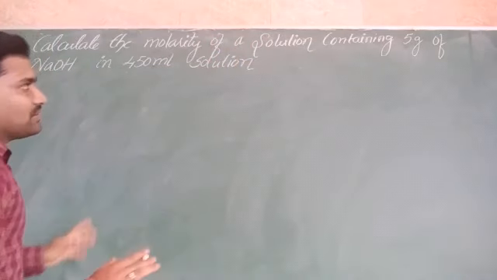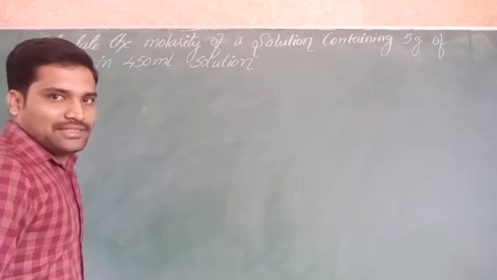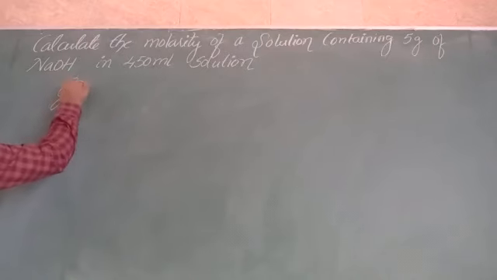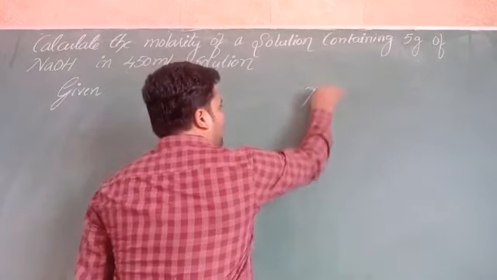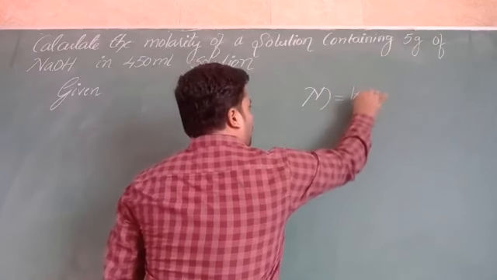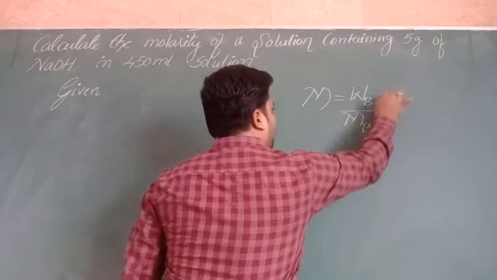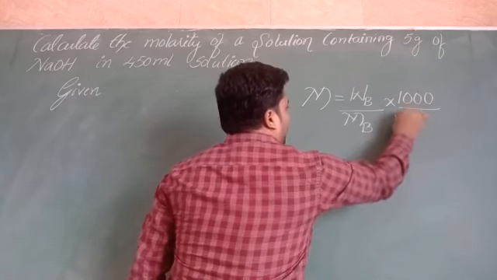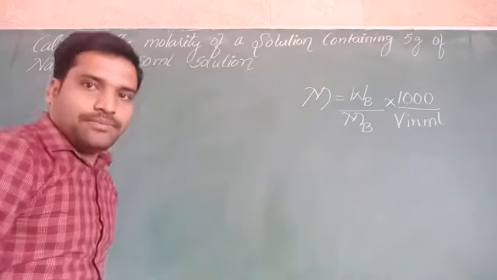Before going to solve this problem, let's see what are the given things in this problem. That's why first we write given. You know the formula, that is molarity is equal to WB by MB into 1000 divided by V in ml.